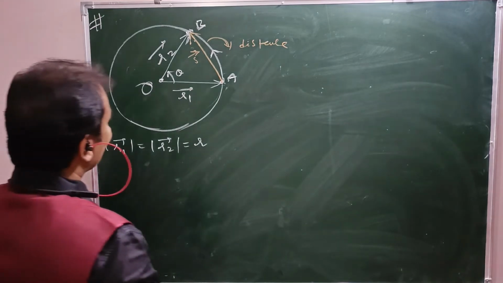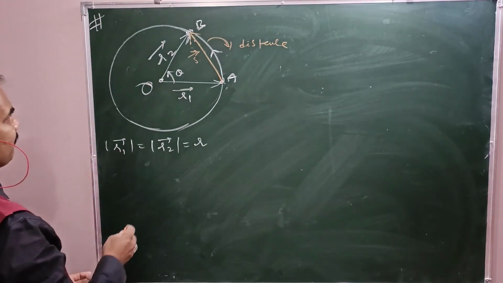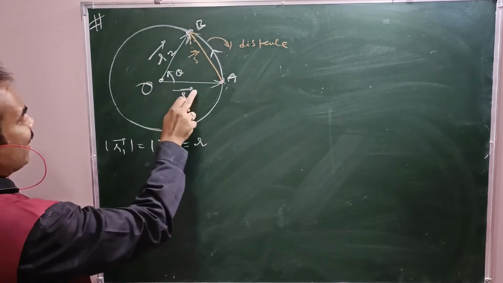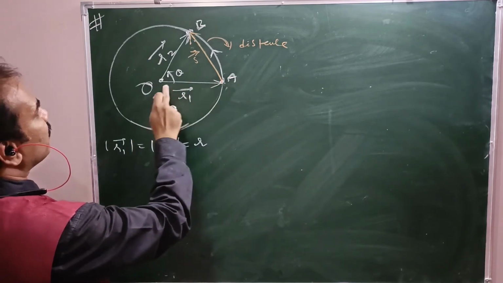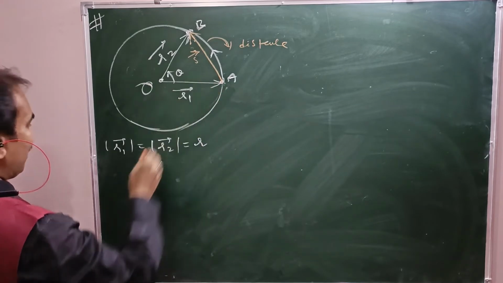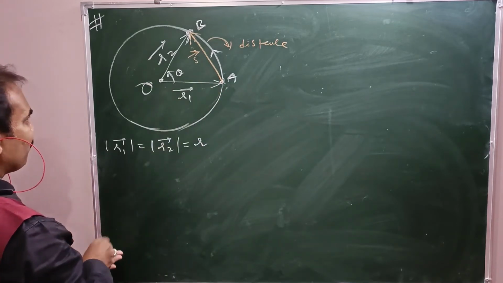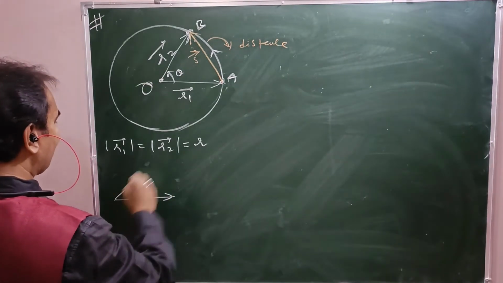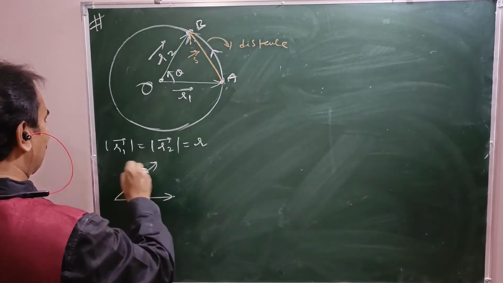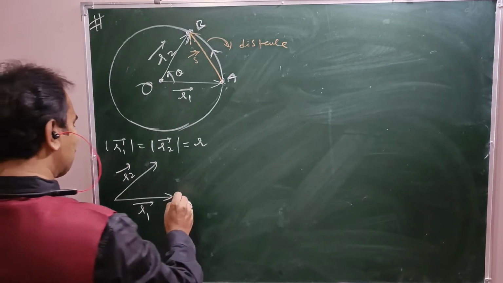Now see, the head of R1 bar is joined with the tail of S bar. I am highlighting somewhere here in the same diagram. See, R1 bar, here it is, R2 bar, here it is, and S bar.